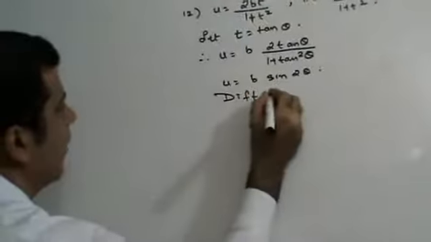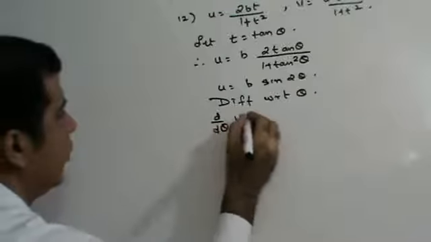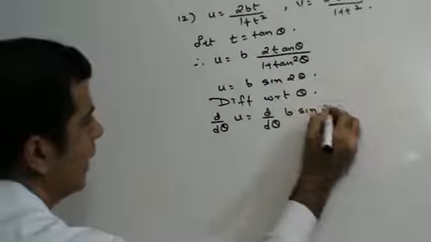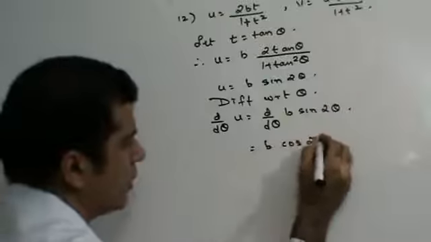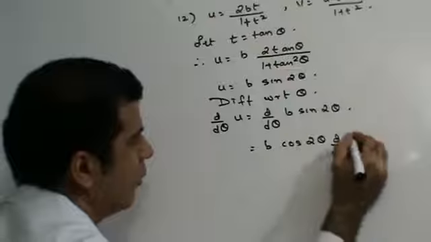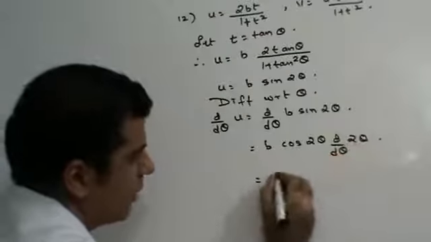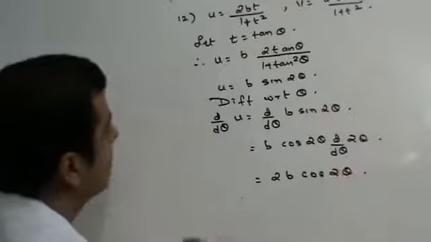Differentiate with respect to theta. So d by d theta of u is d by d theta of b sin 2 theta. B as it is, sin u is cos u d by d theta of 2 theta. D by d theta of 2 theta is going to be 2, so this is 2b cos 2 theta.